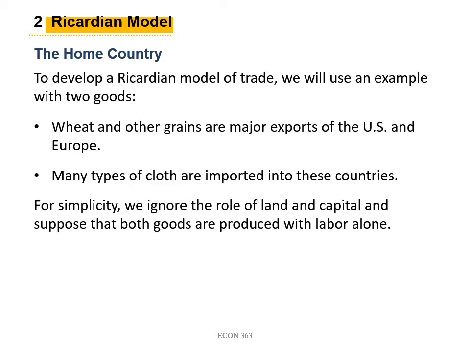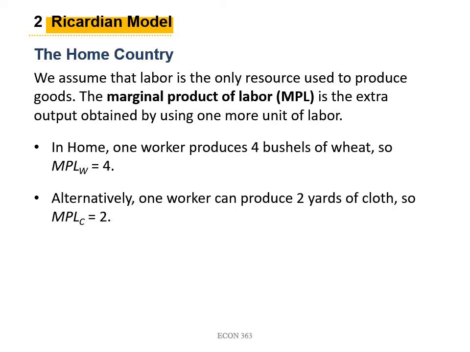Now, forget about land and capital and all the things that could complicate the story of production. To make it simple, we'll assume that the only factor of production is labor. So in the home country, one worker can produce 4 bushels of wheat, and that means the marginal product of labor is 4 when applied to wheat.